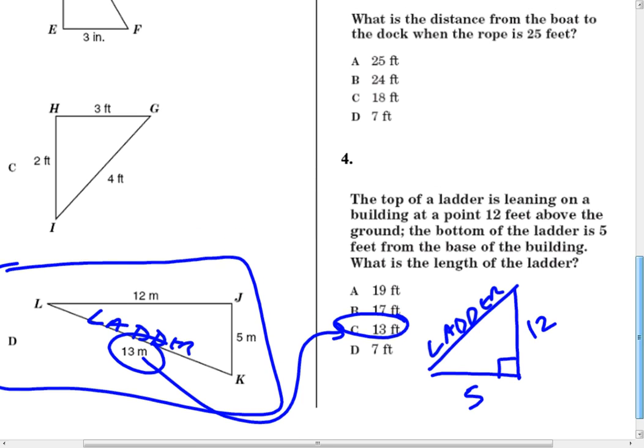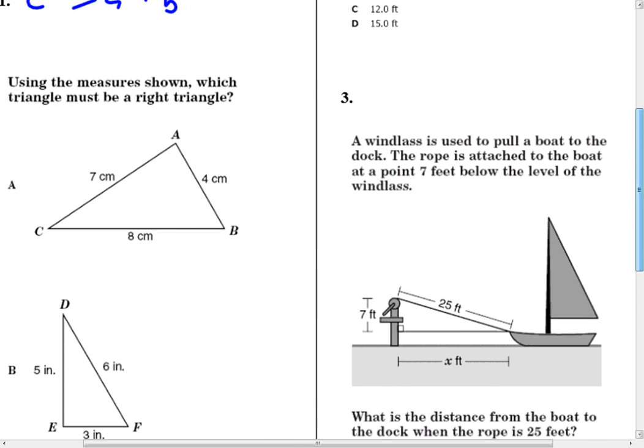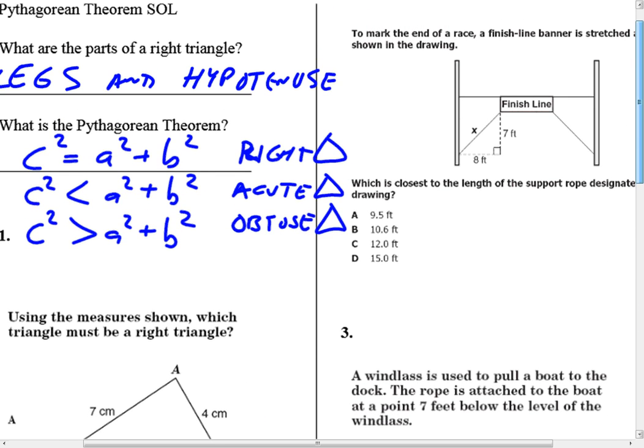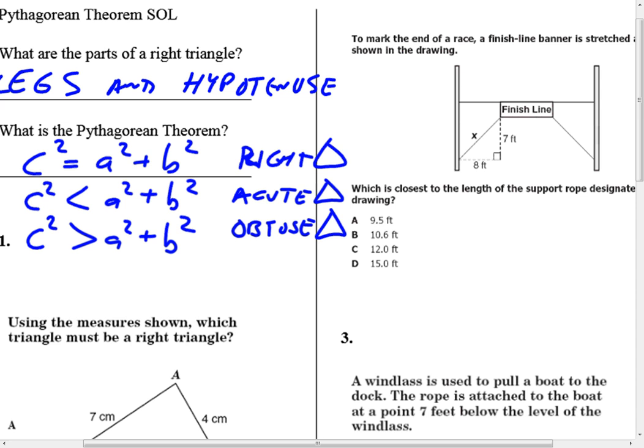Jump back up to here. They're throwing in a lot of information, but it's still just doing the Pythagorean theorem with 7 and 8. What does that turn out to be? That's not going to work out evenly. You're going to get 49 plus 64. That will be 113. What's the square root of 113?